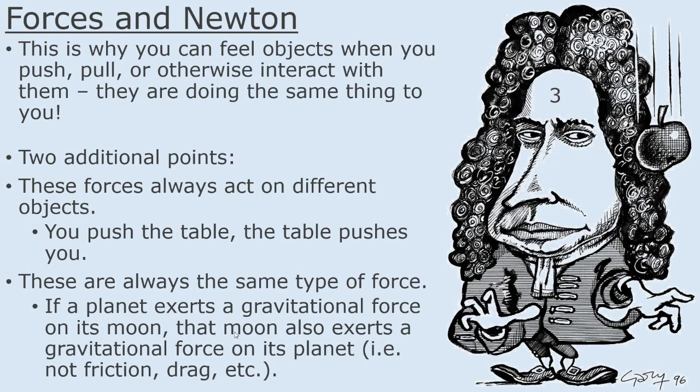It does the same thing. Same with the previous example: you push the table, it doesn't decide to do air resistance or friction or anything like that. It pushes back. If you pull something, it pulls back.